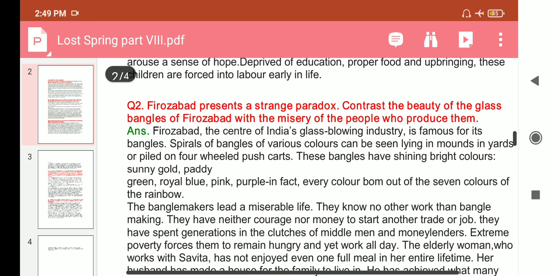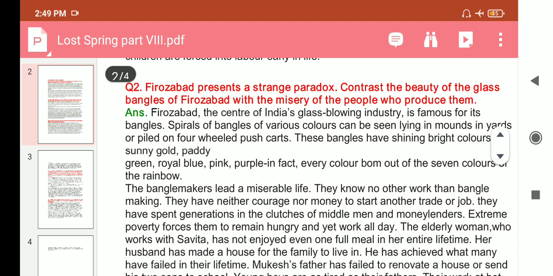Now, question number two: Ferozabad presents a strange paradox. Contrast the beauty of the glass bangles of Ferozabad with the misery of the people who produce them. Answer: Ferozabad, the center of India's glass blowing industry, is famous for its bangles.